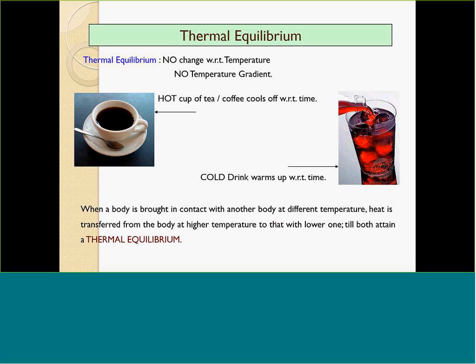Hot tea, that is my favorite, changes within time, because since we are considering the zeroth law of thermodynamics, it's going to exchange energy with the surroundings until it reaches thermal equilibrium. There will be no difference in temperature.